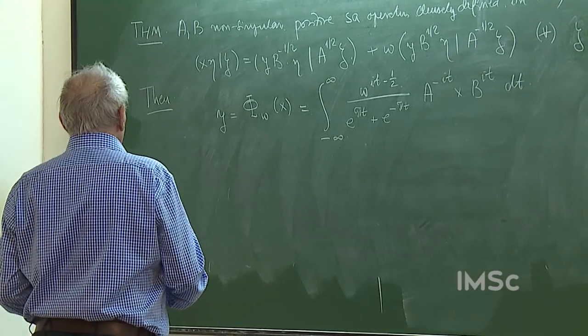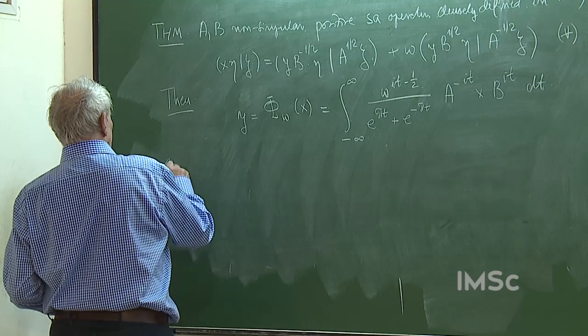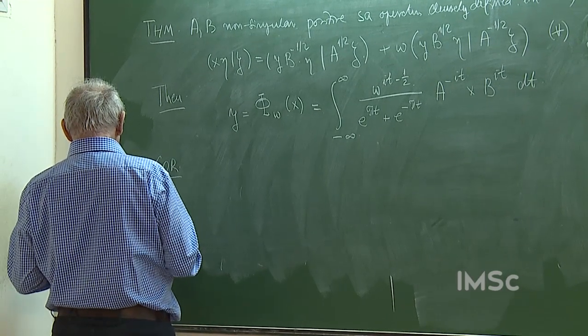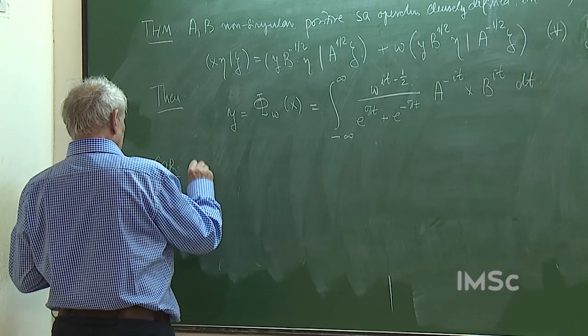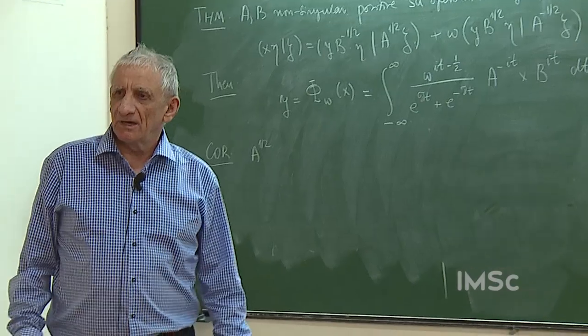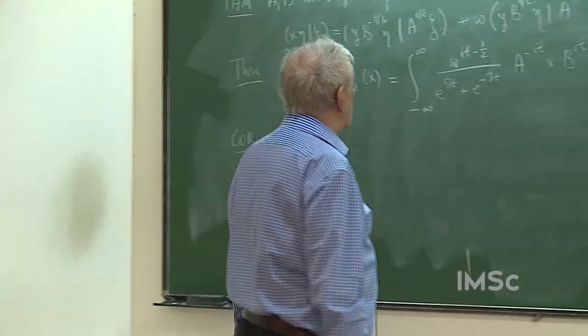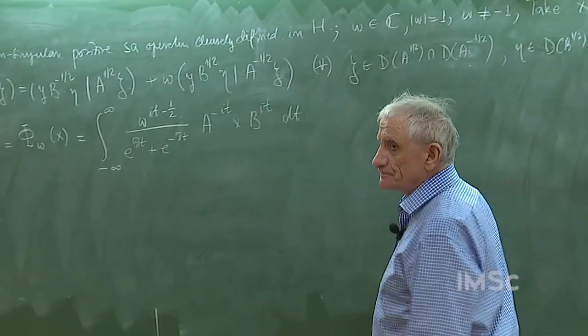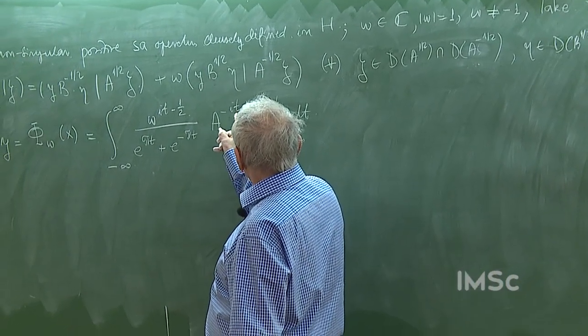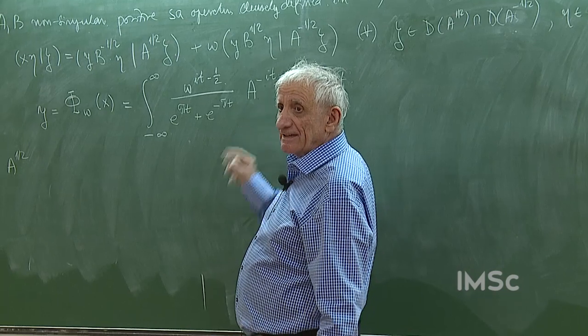Okay, I will write also a corollary for this. The corollary is the following. In the same situation, we have a to power... What is the denominator? Sorry? E power what? I can't see from. E power pi t? This is a to power minus it, x, b to power it.